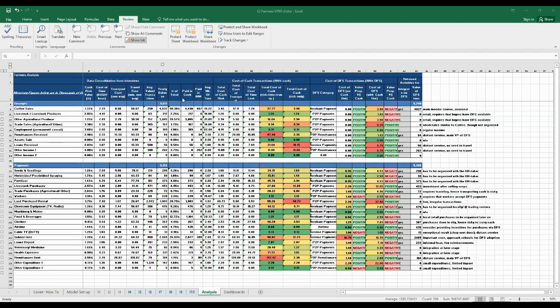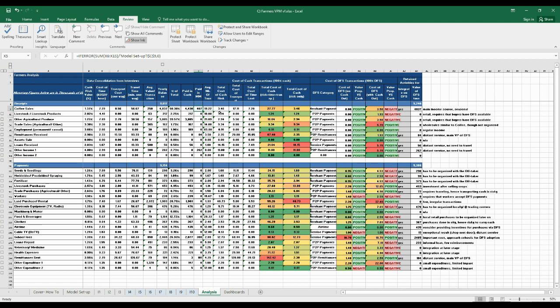The next row is the percentage of the total. So coffee sales are 50% of the total sales over the course of the year. They get paid in cash around this much, and they get paid in mobile money around a tenth of that.